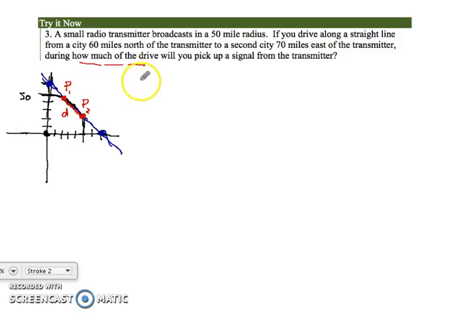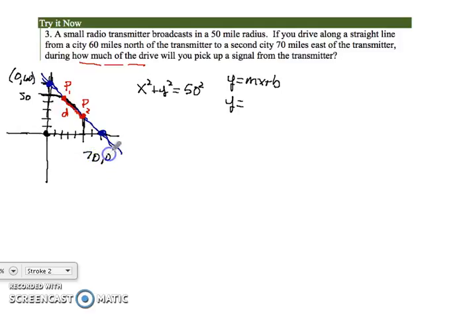So that tells us something algebraically. Let's say the circle is x squared plus y squared is equal to r squared, and we know that r was 50, so 50 squared. That makes sense? And also we know that the line is y equals mx plus b. All right, so y is equal to, what's the slope? Well, we have 2 ordered pairs. We have 0, 60, and then we have this 70, 0.